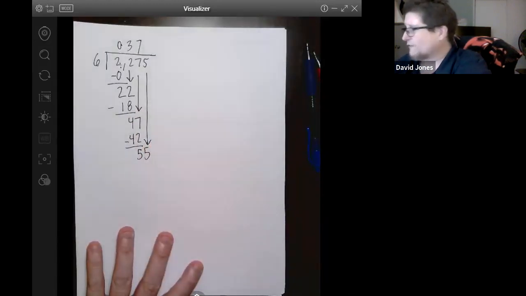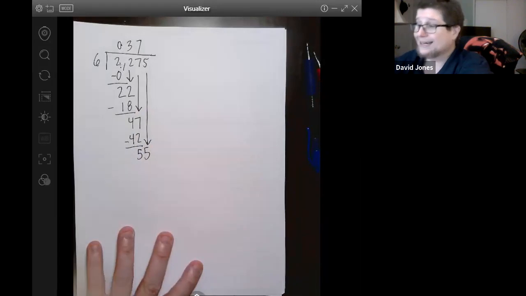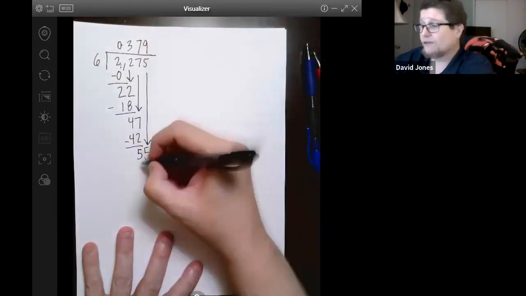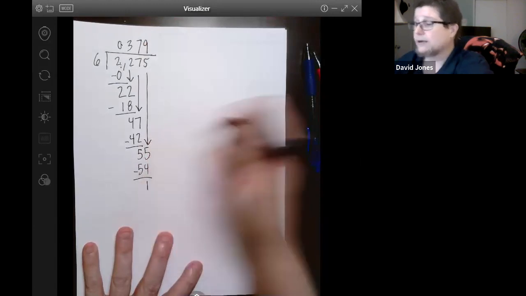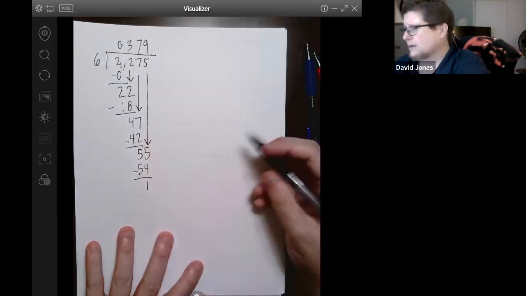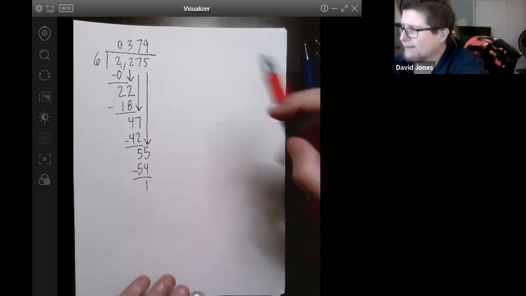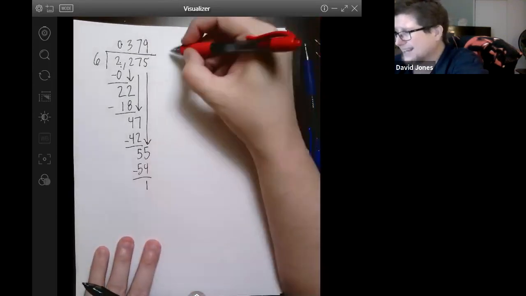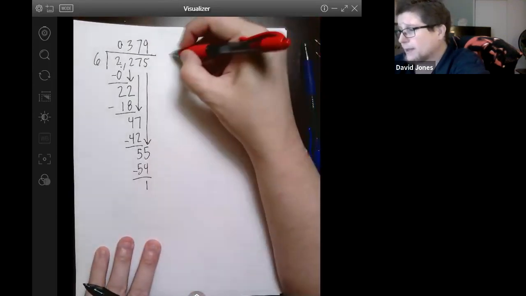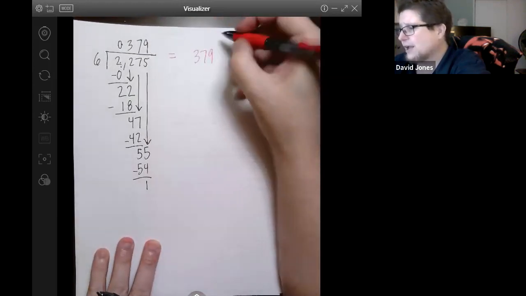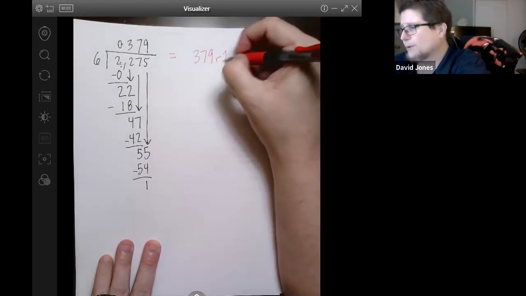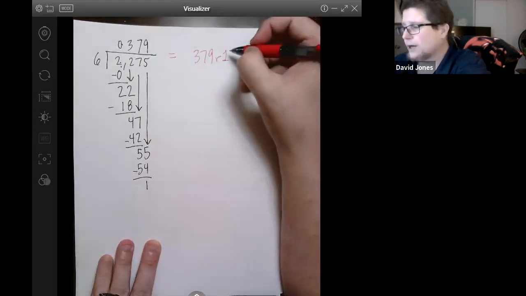6 goes into 55. How many times? It goes in 9 times. 9 times 6 is 54. We subtract. We get 1. So the answer here is 379 remainder 1. But in math, we don't say remainder 1.